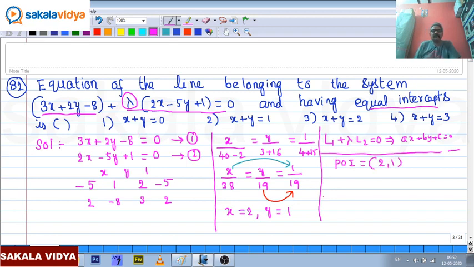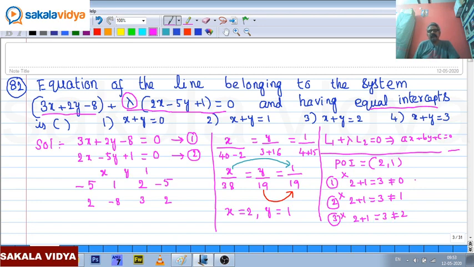Substitute in the options. First option, 2 plus 1 is 3, does not equal 0. First option is ignored. Second option, 2 plus 1 is equal to 3, does not equal 1. Second option ignored. Third option, 2 plus 1 is equal to 3, does not equal 2.